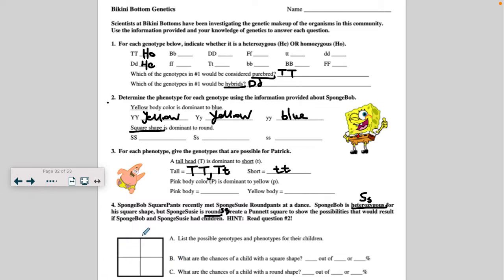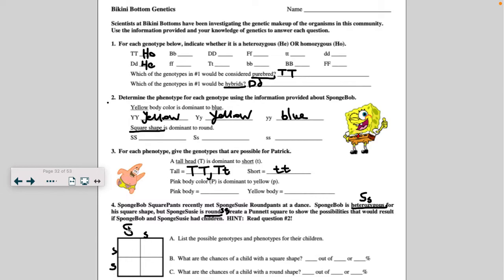They give us this Punnett square, which is nice. With a Punnett square, you set one parent on top. So I'm going to put SpongeBob on top here, big S, little s. And then I'm going to put Sponge Susie off to the side here, little s, little s. When you write your letters, make sure that you can tell the difference between capitalized and lowercase.